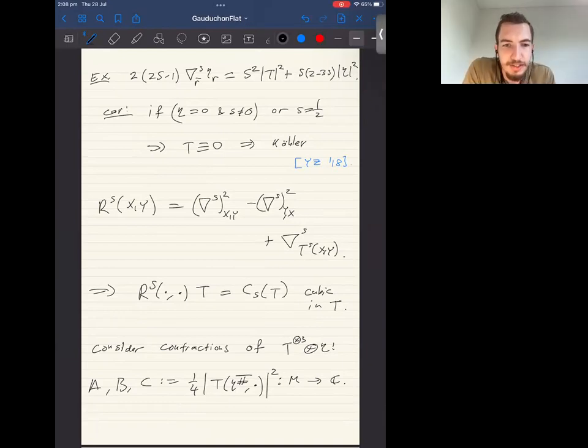How close is it to Boothby's argument, where to show, for instance, that the Chern flat, it's a Bochner argument applied to the norm squared of this, which looks somewhat similar to what's going on here.